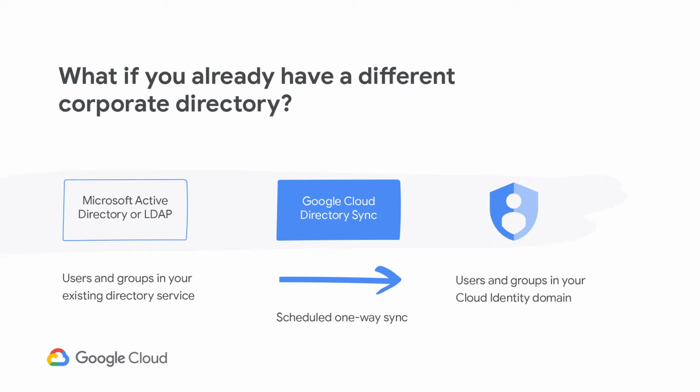For that, we have Google Cloud Directory Sync, which allows you to set up a scheduled one-way synchronization between your existing Active Directory or LDAP and Google Cloud. Remember, this is one-direction synchronization. We will not modify your Active Directory. We will not perform any modifications back to your system. We will just take the modifications to Google Cloud.